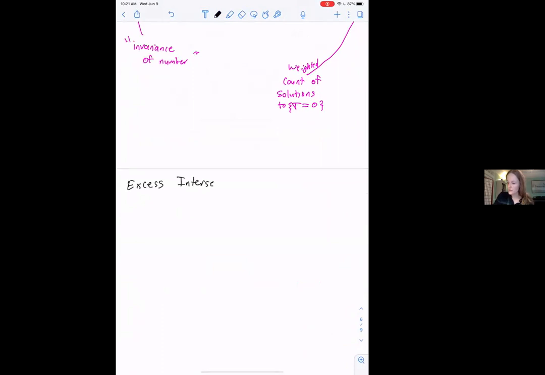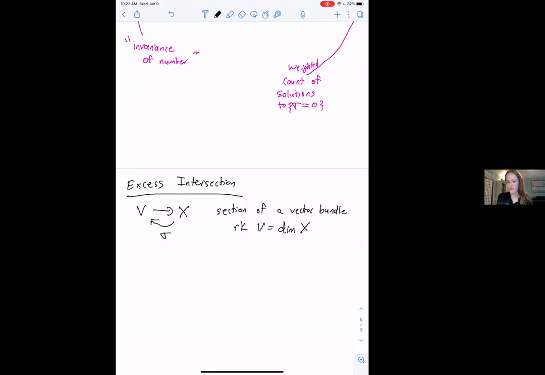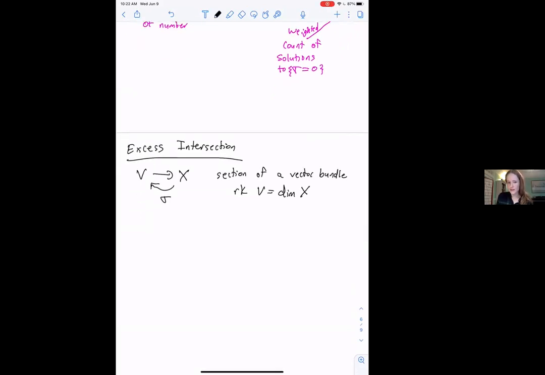They happen when the intersection is larger than you think, so larger than the dimension of X minus the rank of V. Let's look at a vector bundle again with a section of a vector bundle with the rank of V equal to the dimension of X. And we'll take a connected component of our solutions.